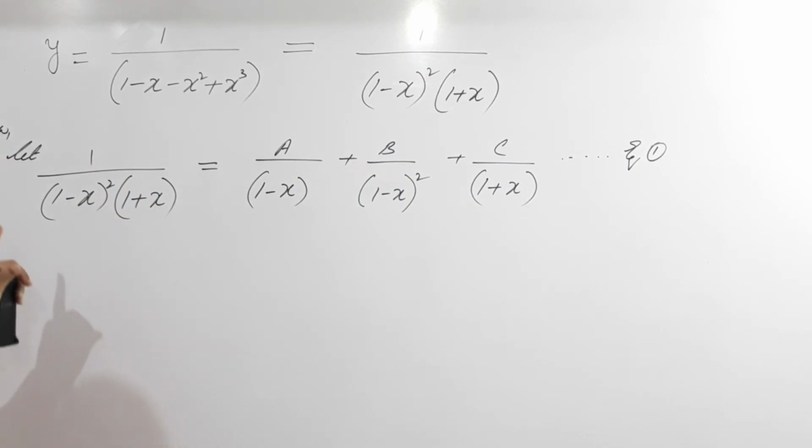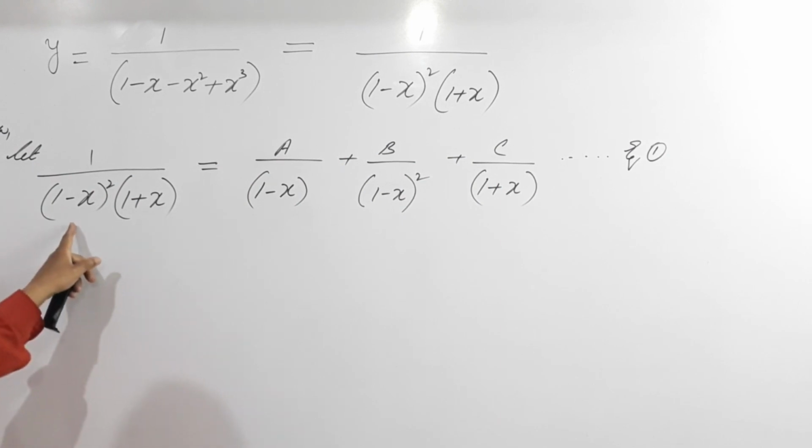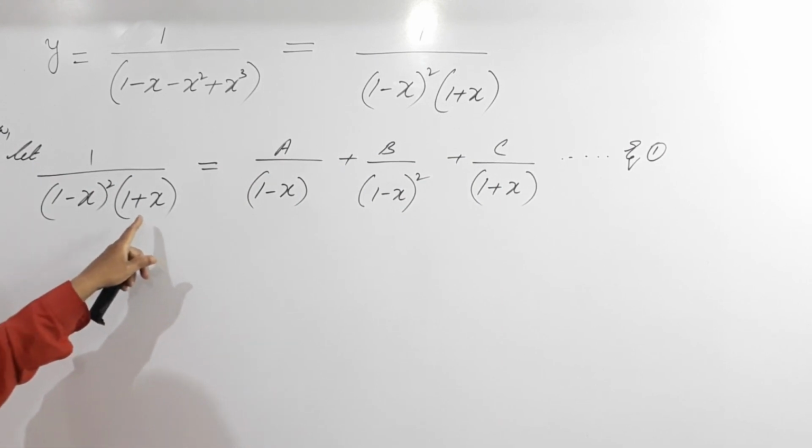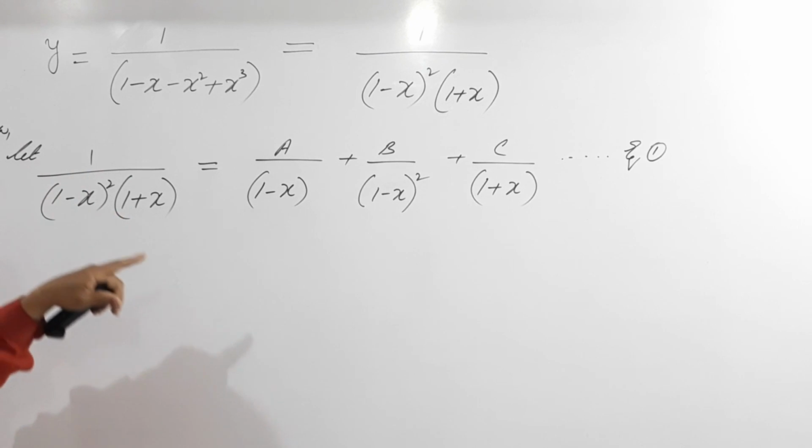Now I multiply both sides by 1 minus x the whole square into 1 plus x. So what happens here?